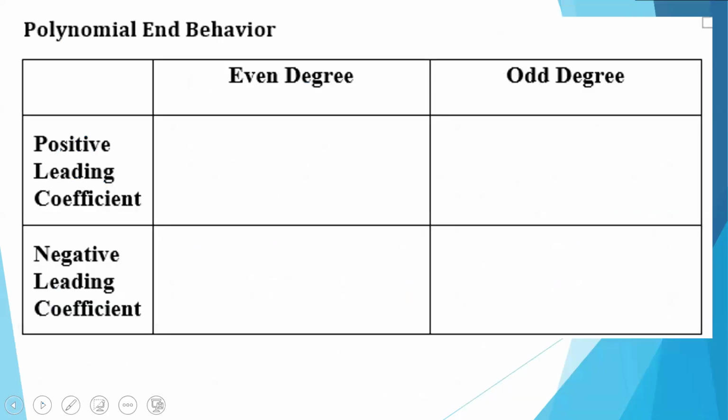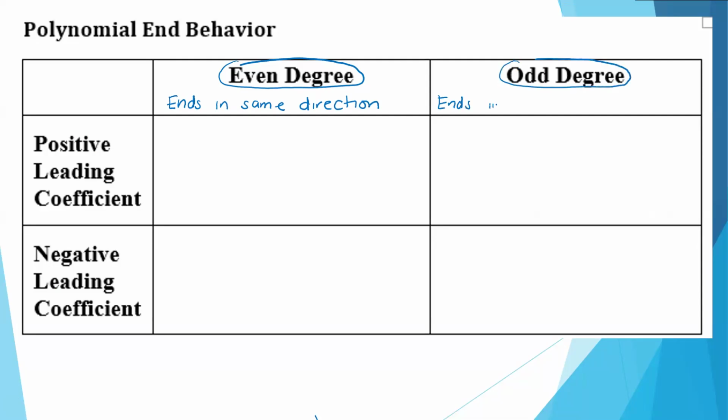Polynomial end behavior. Okay, just to write. If I have an even degree, the ends are what? In the same direction. If I have an odd degree, the ends are in opposite directions.